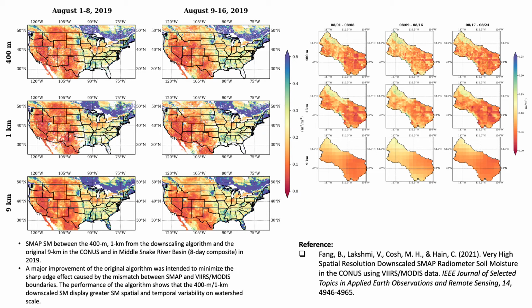And what they were able to do here is produce essentially a MODIS and SMAP-based higher resolution product that is leveraging the surface temperature observations. And here we see comparisons with the coarser SMAP-based 9-kilometer product with the downscaled 1 kilometer and even 400 meter resolution soil moisture products. So this is being produced over CONUS as well as globally.